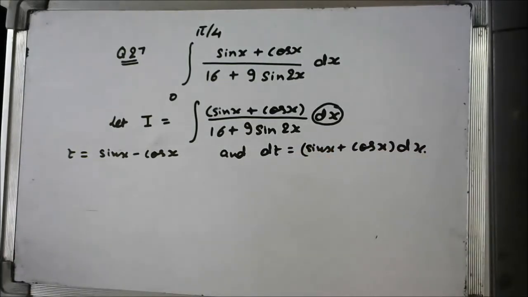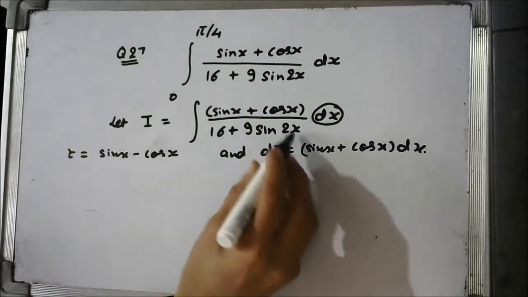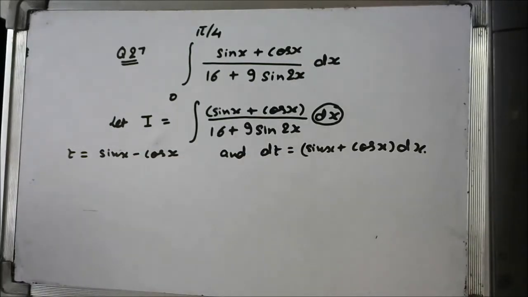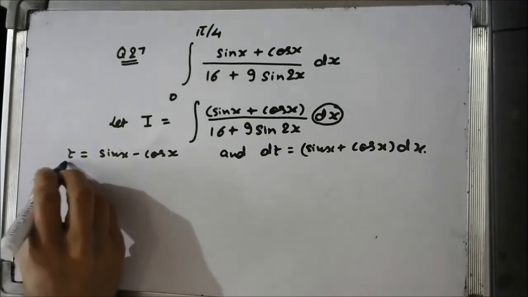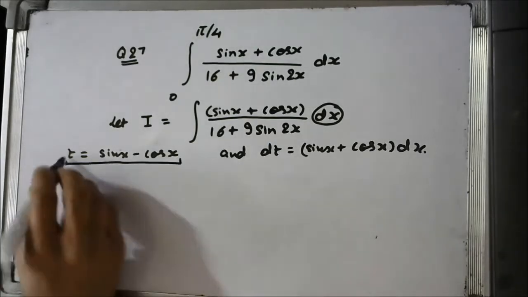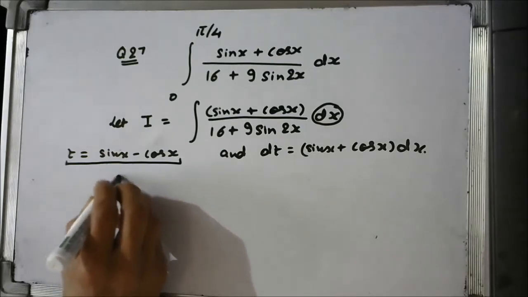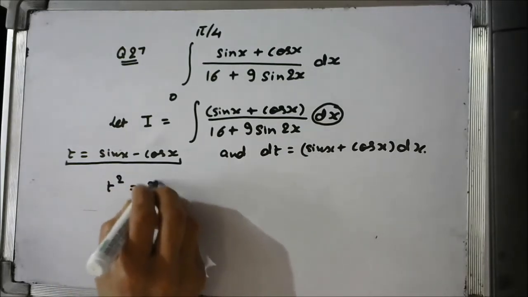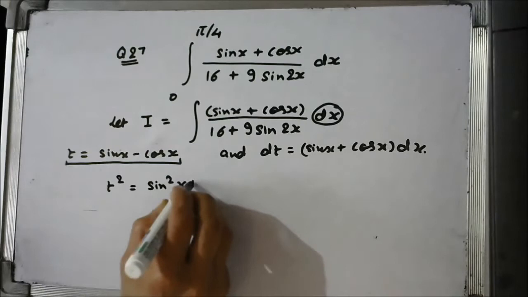Now our next step will be how to adjust the denominator in terms of t. For that we will square this t term, squaring both sides.